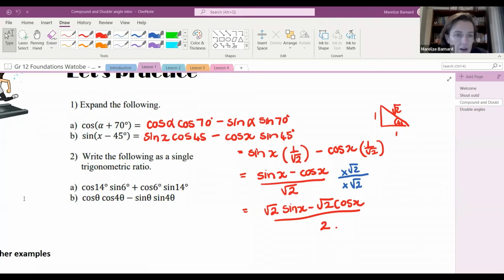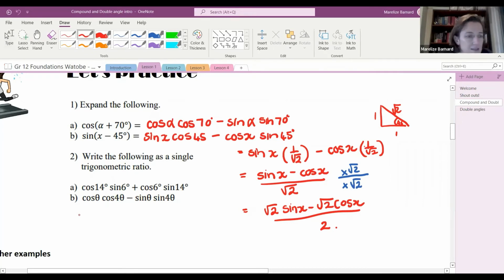We are back to question 2a. So Sliabona, you say that 2a is sine 20. I agree, quite a few of you got that already. We go sine 14 plus 6 because it follows that pattern. It's 14 plus 6 and it's cos sine, cos sine.